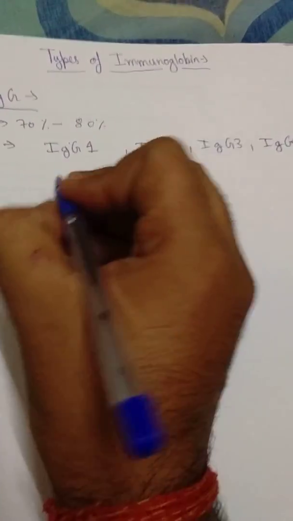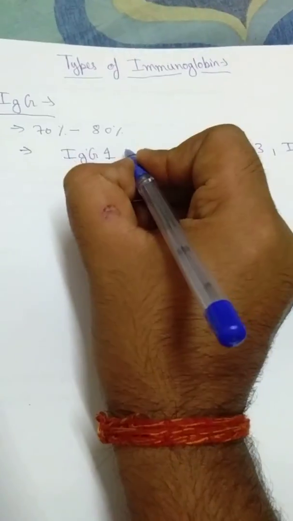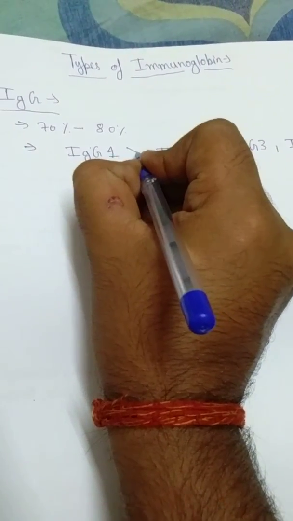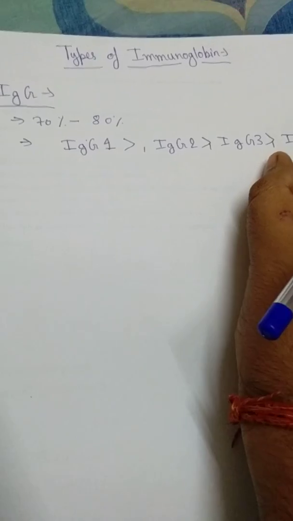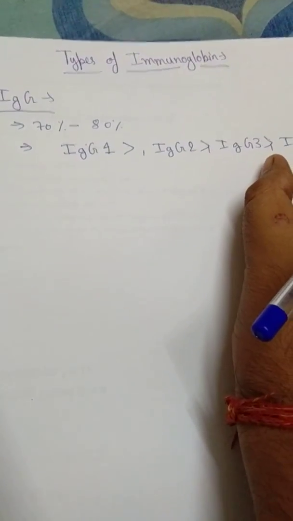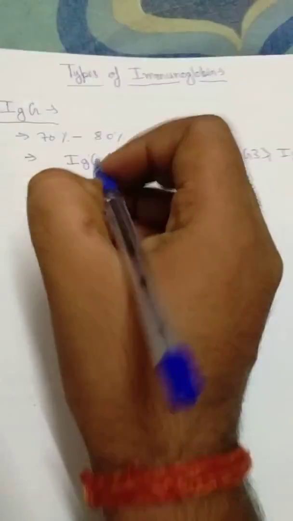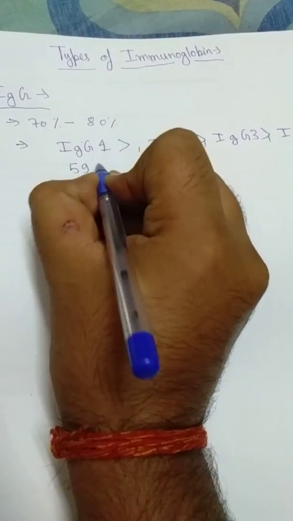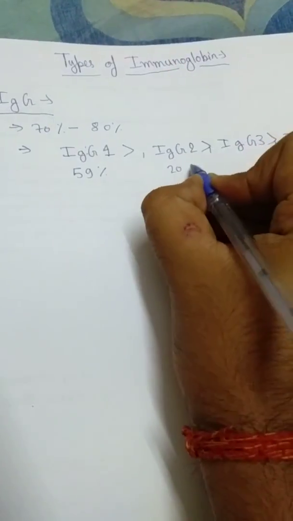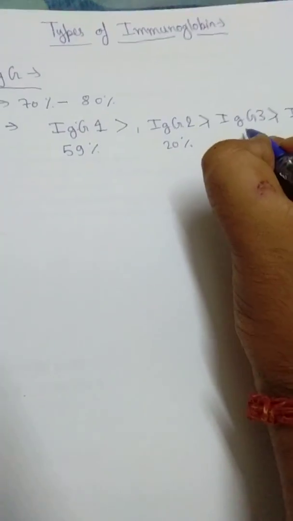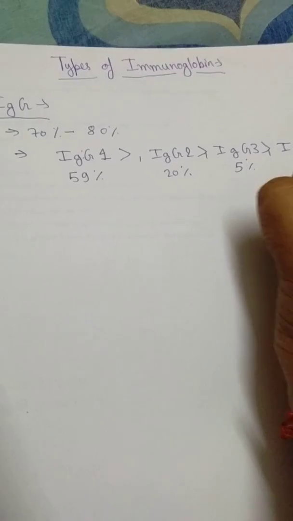Concentration-wise, IgG1 is greater than IgG2, then IgG3, and the lowest concentration is in IgG4. 59% of the concentration is in IgG1, 20% in IgG2, 5% in IgG3 and 3% in IgG4.